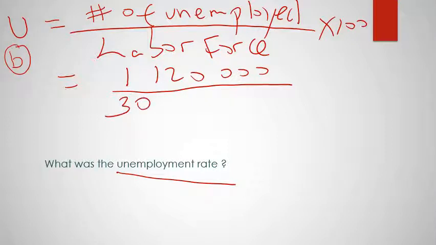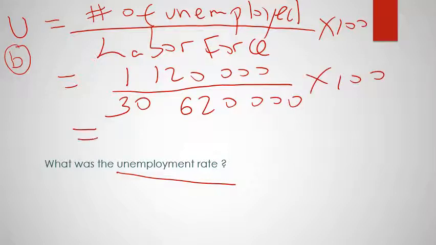That's 30,620,000 times 100 will give us an unemployment rate of 3.66%.